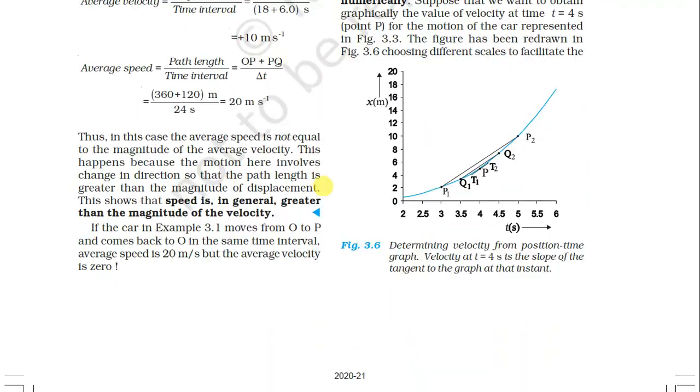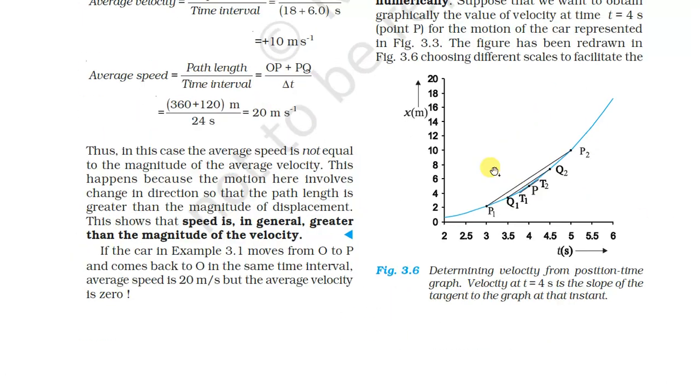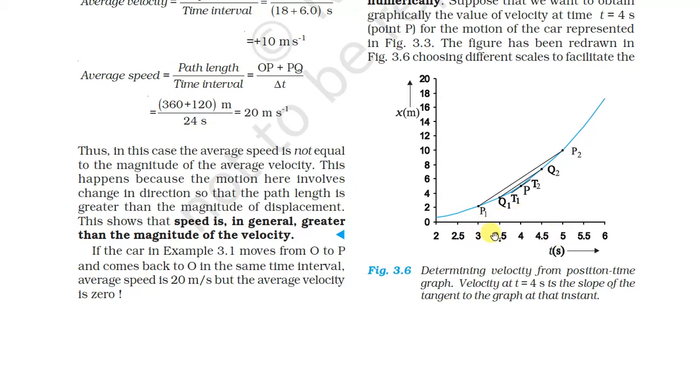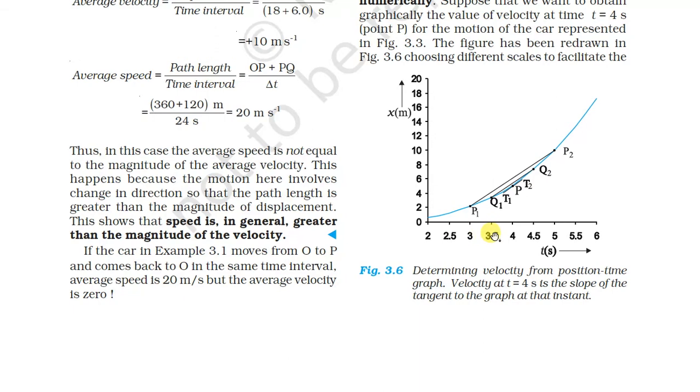Whenever we discuss P1 to P2, the difference delta t is 5 minus 3, which is 2 seconds. So we will decrease it.